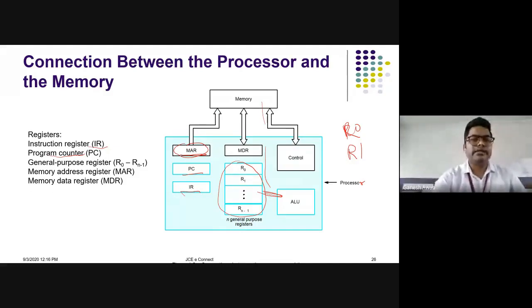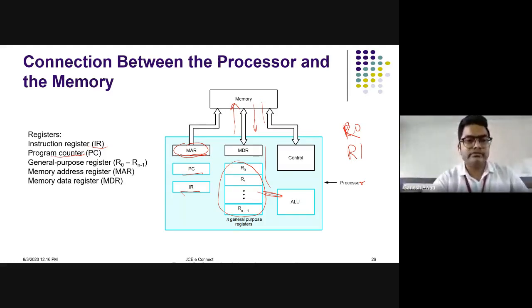Then memory data register. Once you have told which address, either it can take some data from memory or write some data into the memory. So both ways. Understood? You can write onto the memory or you can read from the memory. Clear?